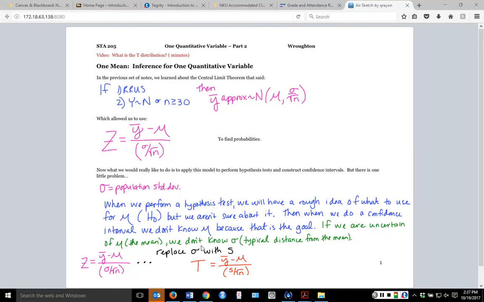Now, why it actually changed with this thing called degrees of freedom. So sigma was our population standard deviation, but S is the sample standard deviation. So we're calculating this based upon our data. So if I have a data set with only 10 values in it versus a data set with 100 values in it, and I'm calculating a sample standard deviation, I'm going to put a lot more trust in my sample standard deviation when it's from 100 observations and not just 10.